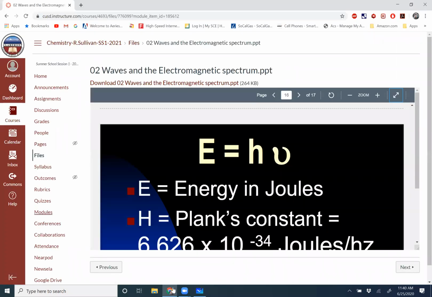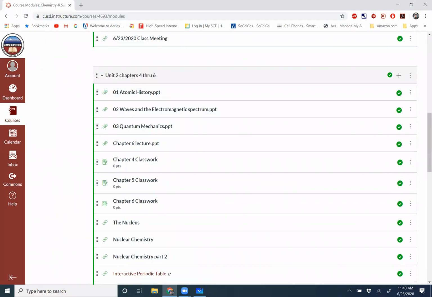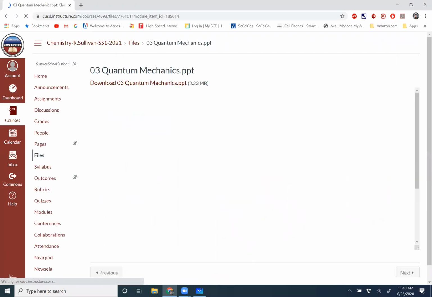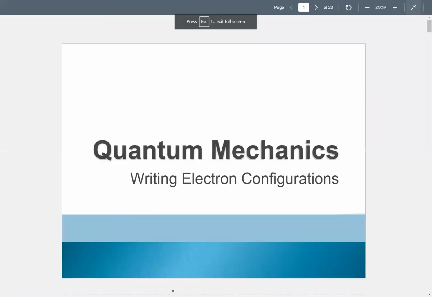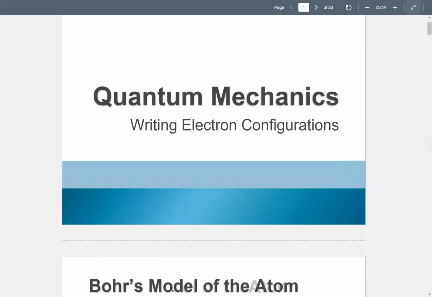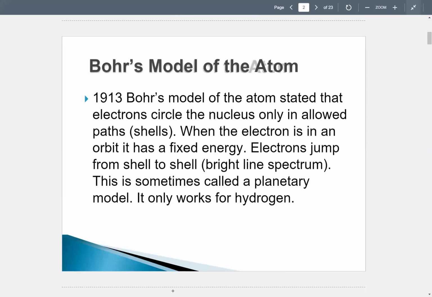So this idea is what started people talking about where the electron was. And it comes up with the idea, which is called quantum mechanics, which sounds fancy, but it's really just how electrons move around the nucleus.